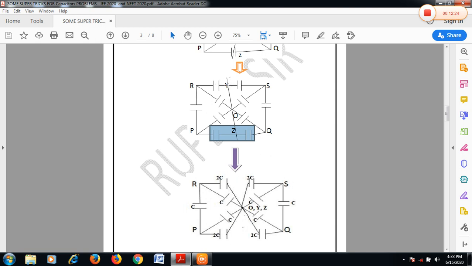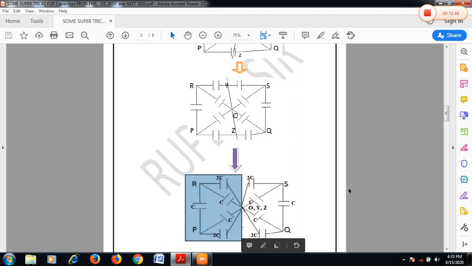First of all, we need to tear down this connection, and make a connection from this plate to O and also this plate to O. Accordingly, we have also connected this plate to O and this plate to O, such that the left hand part is exactly the same as the right hand part, and these two parts are connected in series. Note it down. It is very, very crucial.